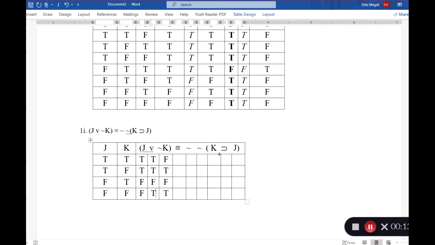Now let's go to the other side. We have K and J and the material conditional, which in other practice problems I've just simplified and done in one column, but here I wanted to fill them in.